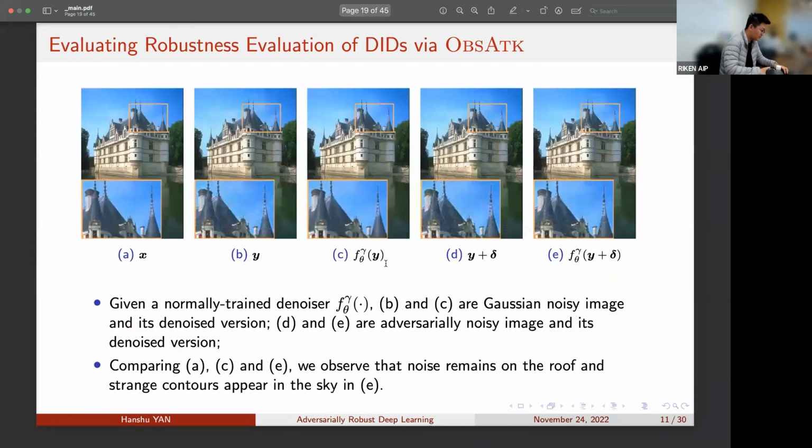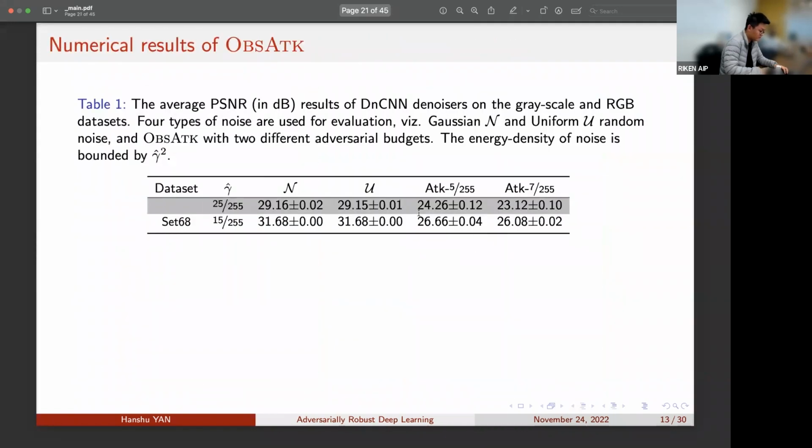Of course, here we also show some numerical results, and the values are the PSNR. A higher PSNR means better reconstruction quality, and we evaluate the denoising performance on a very common benchmark dataset, Set68. Gamma means we evaluate the denoising performance at different levels of noise.